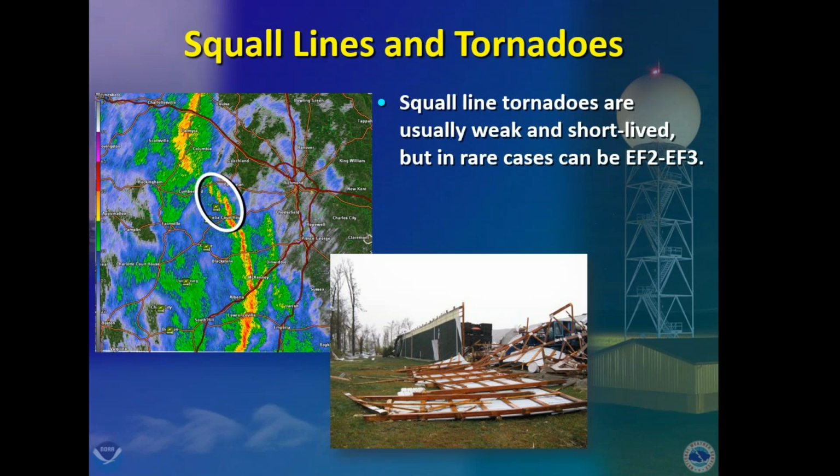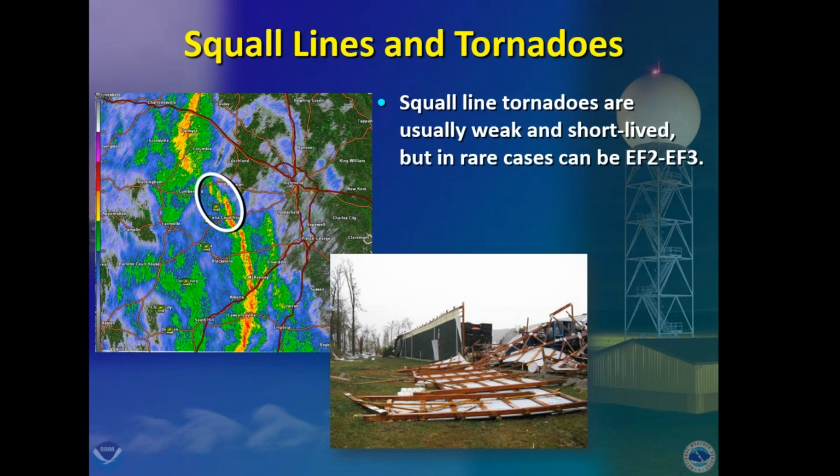Typically what happens with the squall line tornadoes, number one, they're going to be weak because they don't have the same amount of instability, and they typically will not have the strong updrafts available to produce the really large tornadoes. However, there is usually enough shear present to develop tornadoes. And in some cases, you can get EF1, EF2 stronger tornadoes from the squall line.